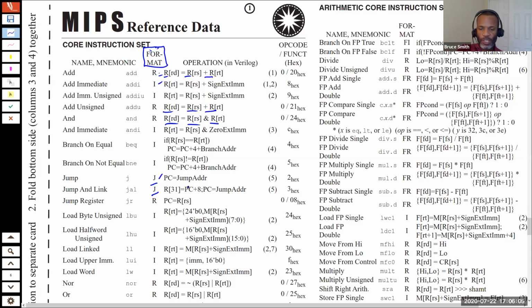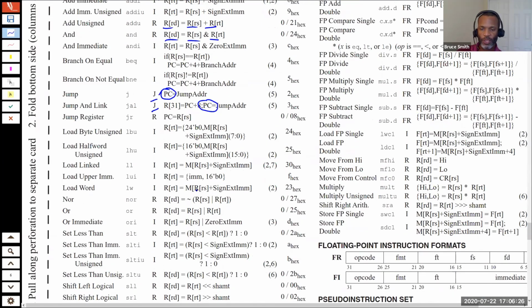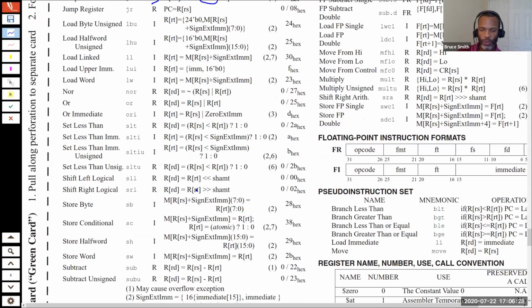And so you'll see that when you're doing jumps, you're changing this particular register that keeps track of where your program is. So generally, when you see a jump, you're changing something that's called the program counter. And that keeps track of which instruction in memory you're working through.